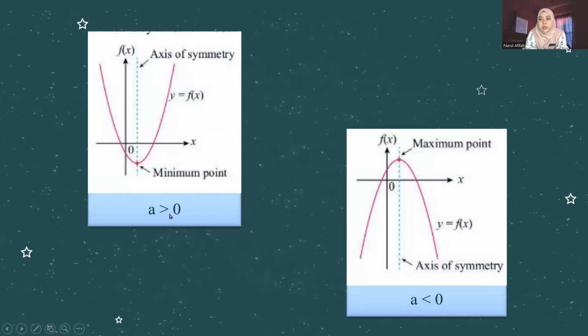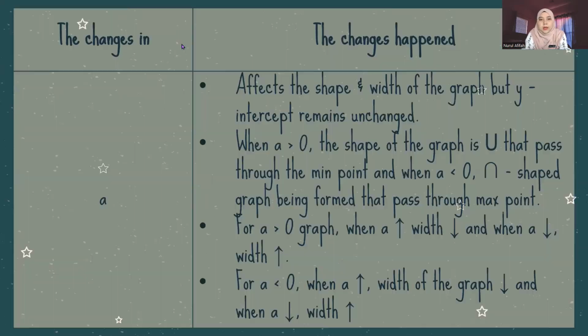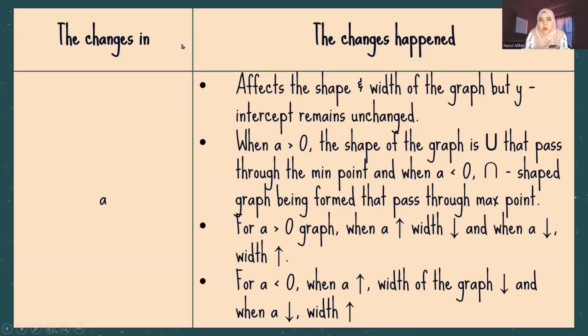For the graph a more than 0, the shape of the graph will be U shape. And for the graph a less than 0, the shape will be N shape. Next, the changes in a will affect the shape and width of the graph, but the y-intercept remains unchanged.